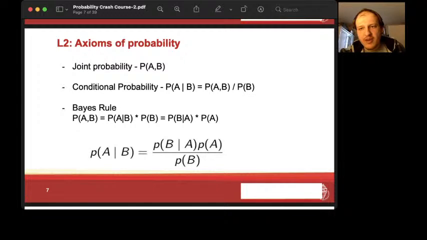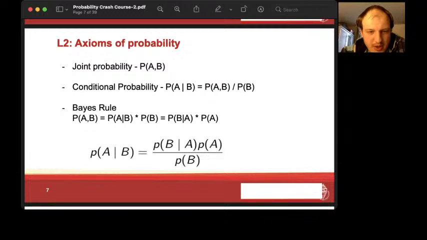This would be two events happening at the same time. So you throw two dice, what is the probability that both of them are even? Or you throw two coins, what's the probability that both of them are heads? Or what's the probability that it will both rain and be sunny, so you get a rainbow? These kinds of things.